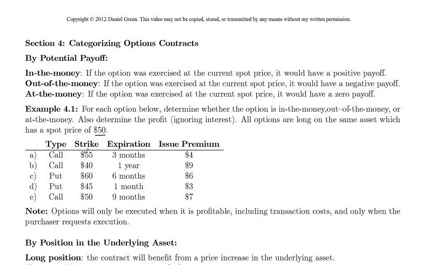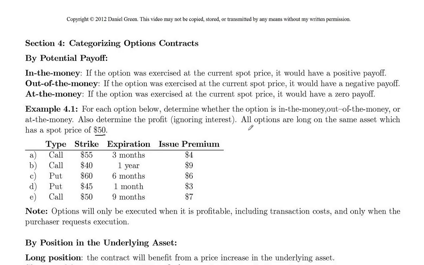In the first part of the problem, we have a long call with a $55 strike price, and the premium was $4. The current spot price is $50. So think about this: am I going to exercise the call? Remember that a call is a right to buy.